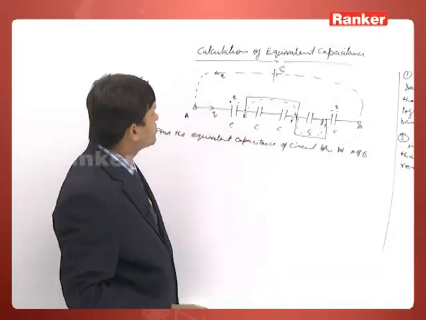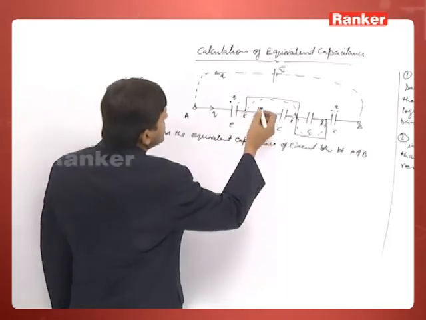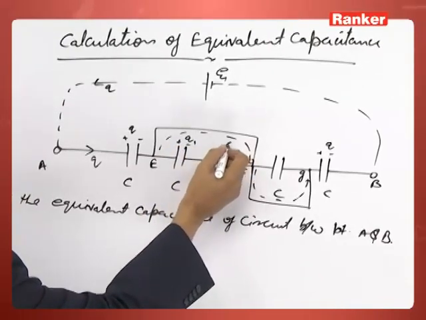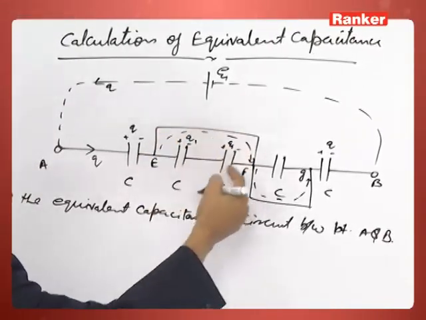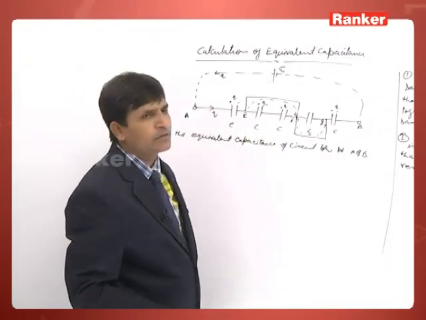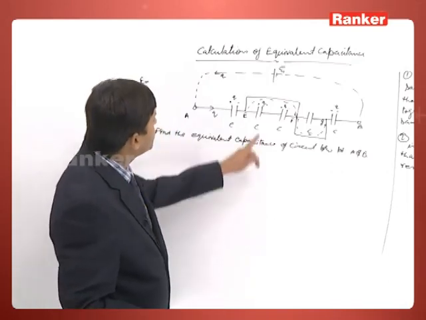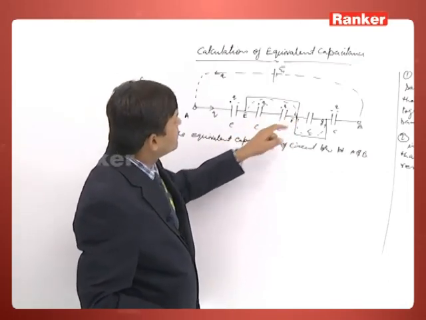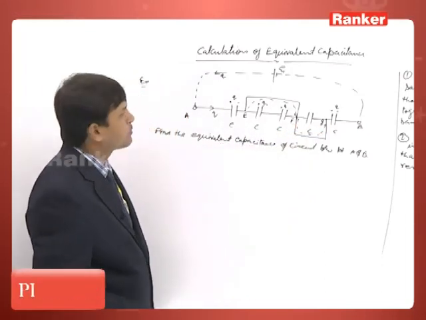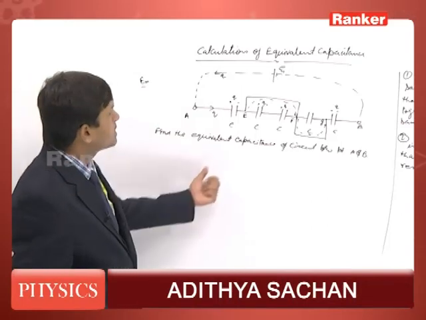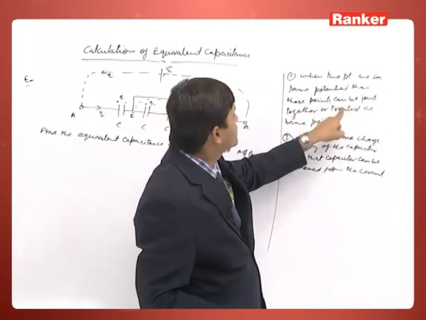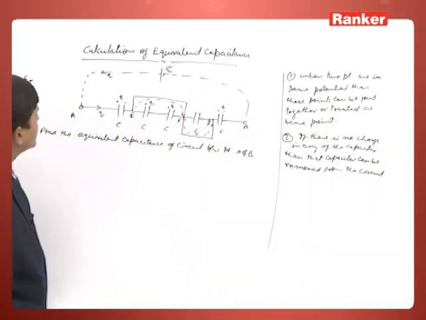E and F are at same potential, and if let charge distribution is there at Q1, applying Kirchhoff law for the whole loop we will find the Q1 value is equal to 0. E and F are at same potential, as well as F and G also same potential. According to this, when two points are in same potential, then those points can be joined together or treated as a same point.